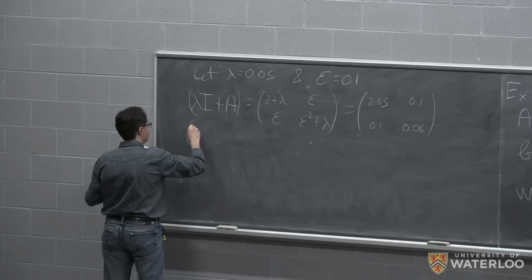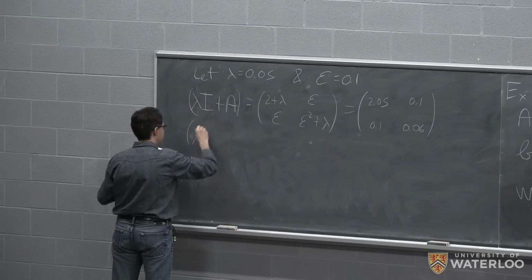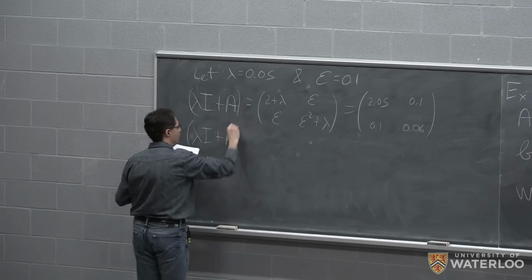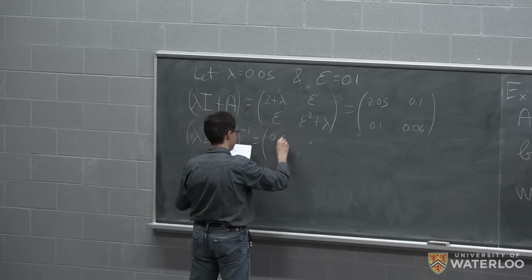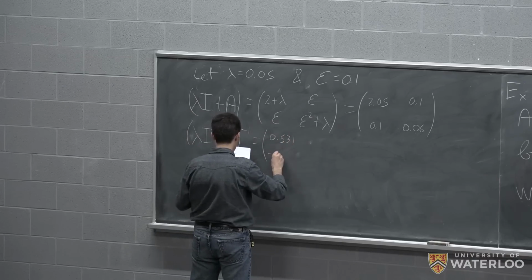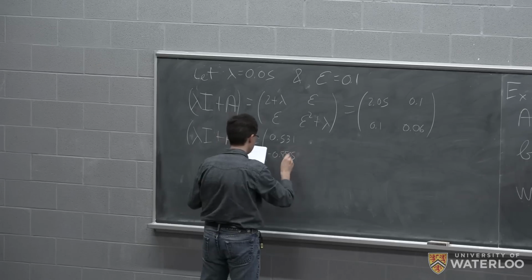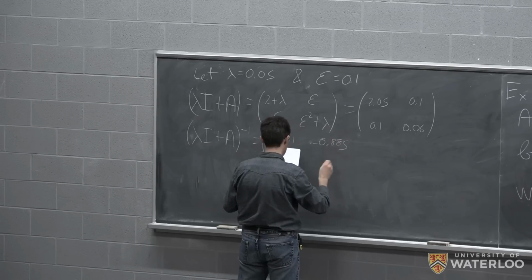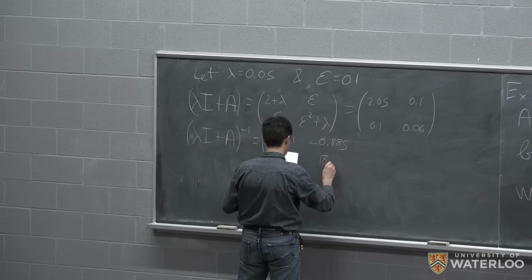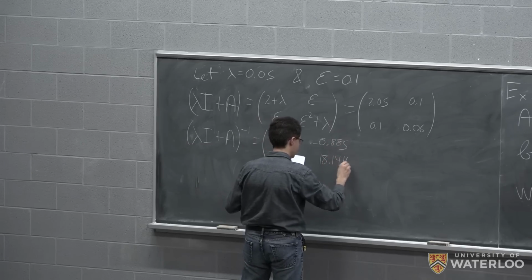If we take the inverse, lambda I plus A inverse, this will be equal to 0.531, minus 0.885, minus 0.885, and 18.1416.